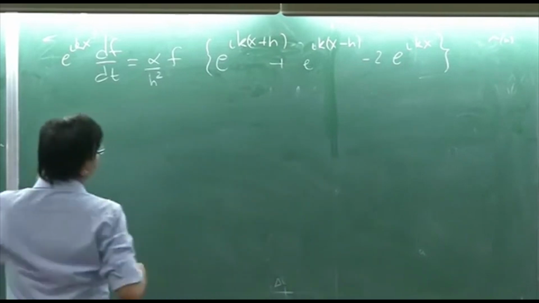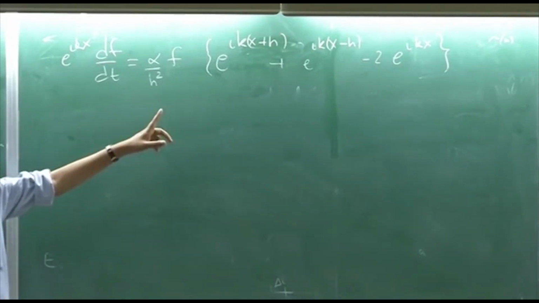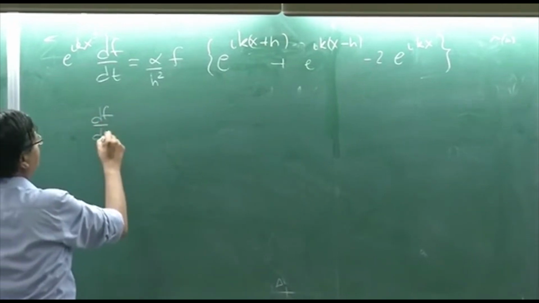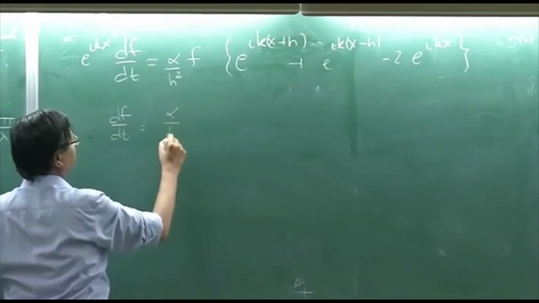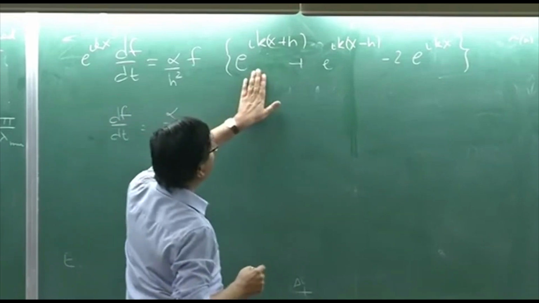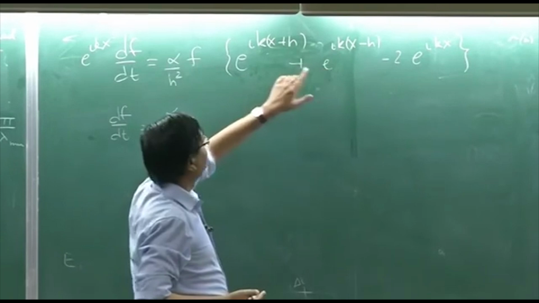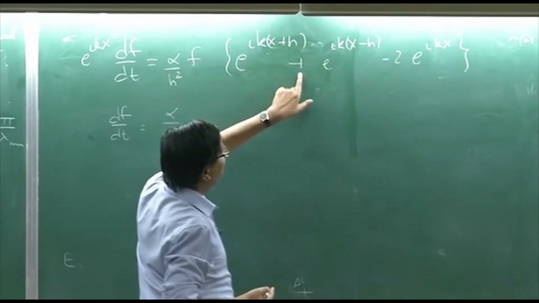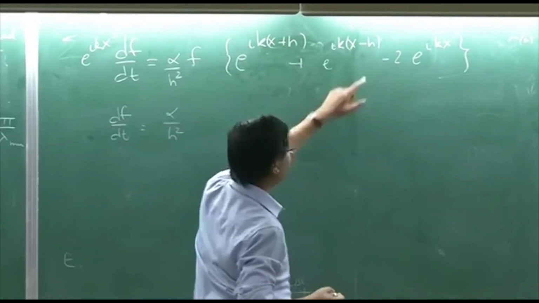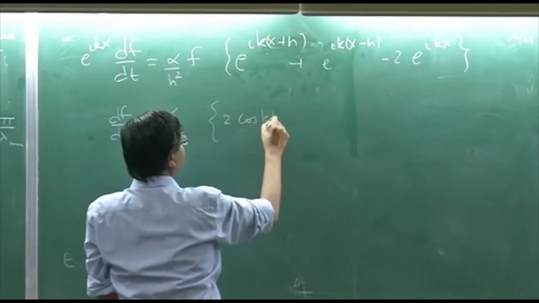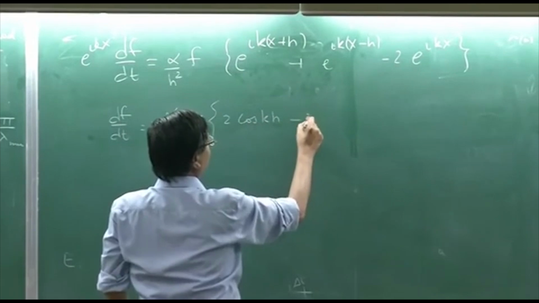Let's take e to the i k x common on both sides, and that cancels. So df by dt is alpha by h squared times, now this is going to be 2 cos kh: e to the i k h plus e to the power minus i k h is 2 cos kh, minus 2.